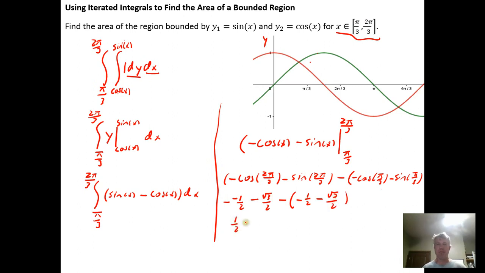So we get 1/2 minus the square root of 3 over 2, plus a half, plus the square root of 3 over 2. And negative root 3 over 2 plus root 3 over 2 is 0. And 0 plus 1/2 plus 1/2 is just going to be 1. So the area of the bounded region from pi over 3 to 2 pi over 3 in the x direction and bounded between the sine and cosine curves is just 1.